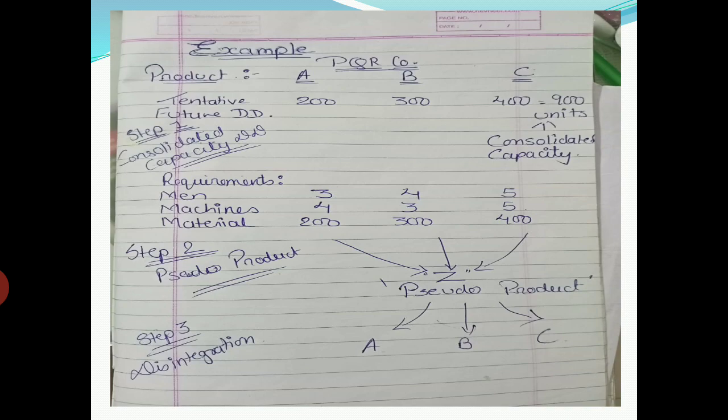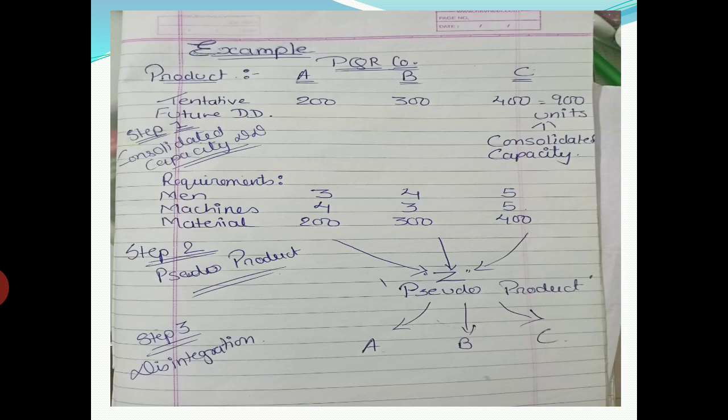Again, for B, 4 manpower, 3 machines and maybe 300 material are required. For C, 5 manpower may be required or 5 machines may be used, and materials may be 400 units. That means in all, if we have this much, then we'll be able to produce 900 units. That is what we are trying to say.